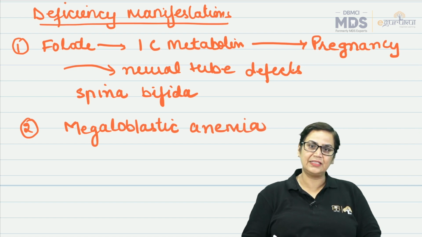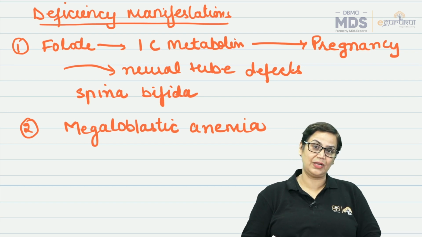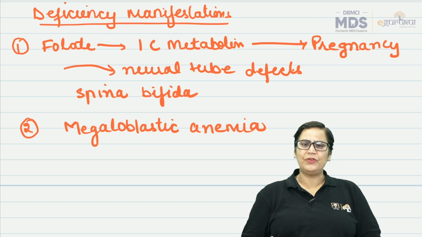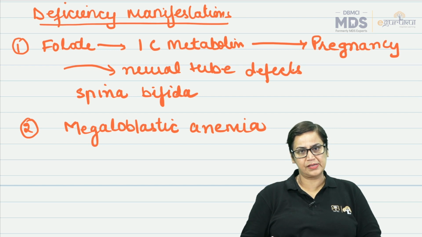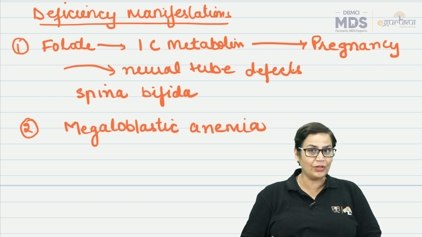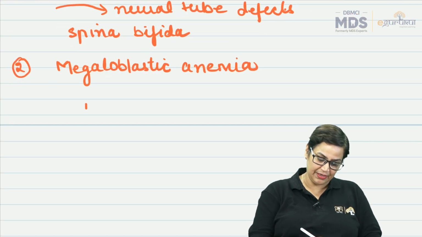And the reason is due to a reduction in the synthesis of the nucleotides. So these are the 2 very, very important deficiency manifestations of folic acid. Right. Now, the most important topic again on which questions have been asked on this folic acid is the biochemical assessment.